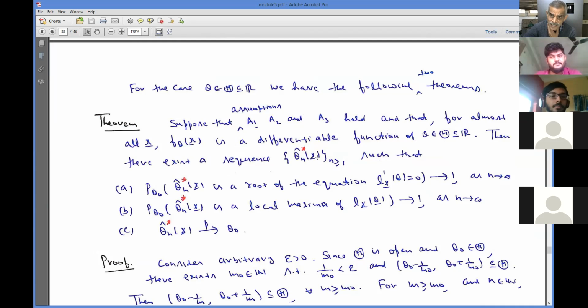So there will always be an estimator theta n star of x such that the probability that theta n star is a root of this equation goes to 1. So asymptotically, as n goes to infinity, the likelihood equation will have a root with probability 1, and with probability 1 such a root would be a local maximum. And not only that, such a root would be consistent.